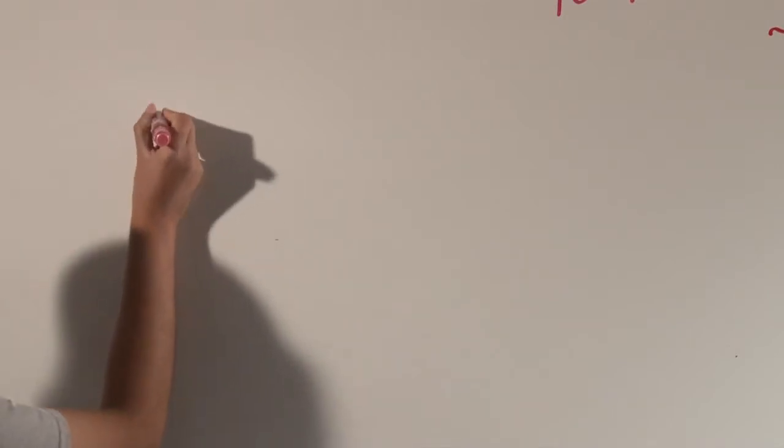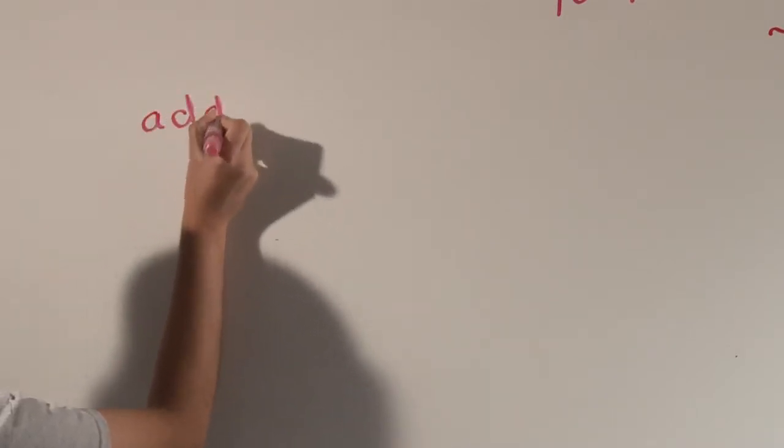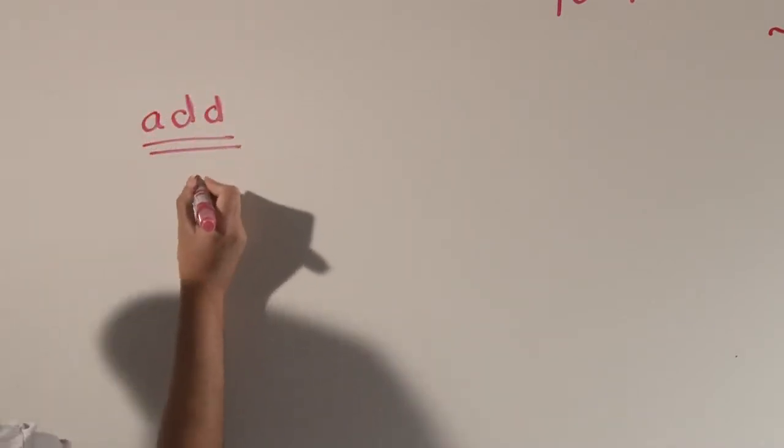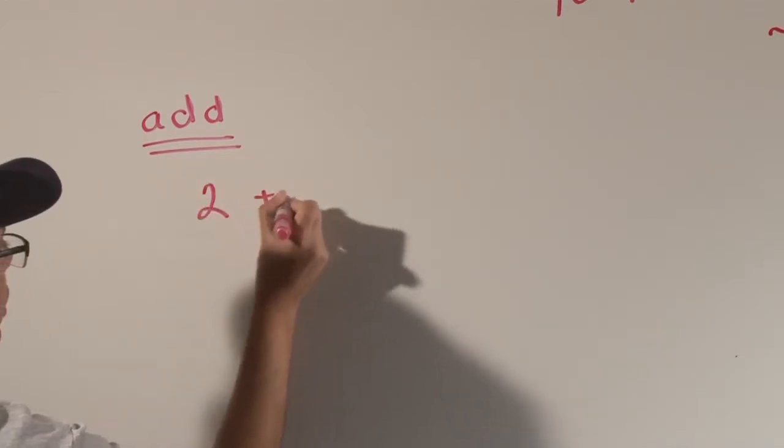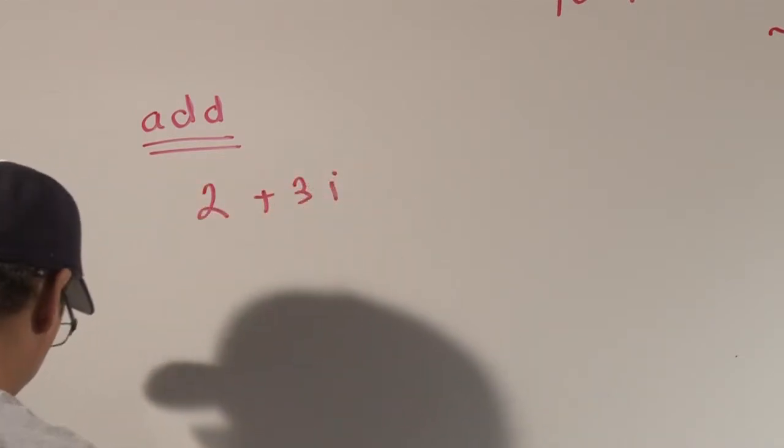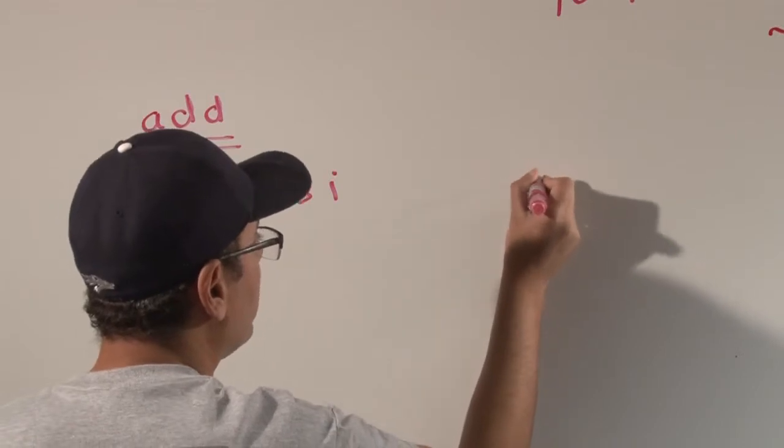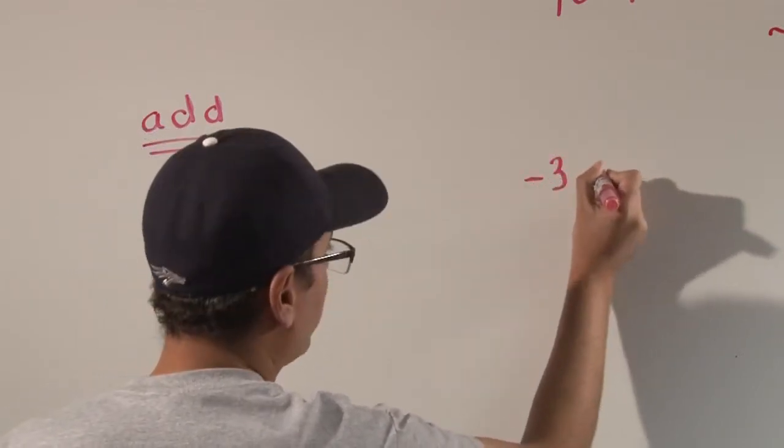Let's say for addition. How about add 2 plus 3i and negative 3 plus 2i.